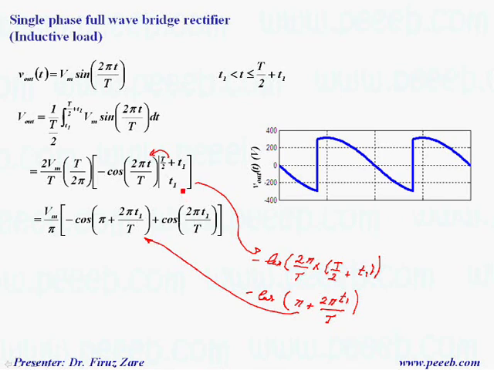And if we put the lower limit in this equation, we get cosine 2 pi t1 over T.